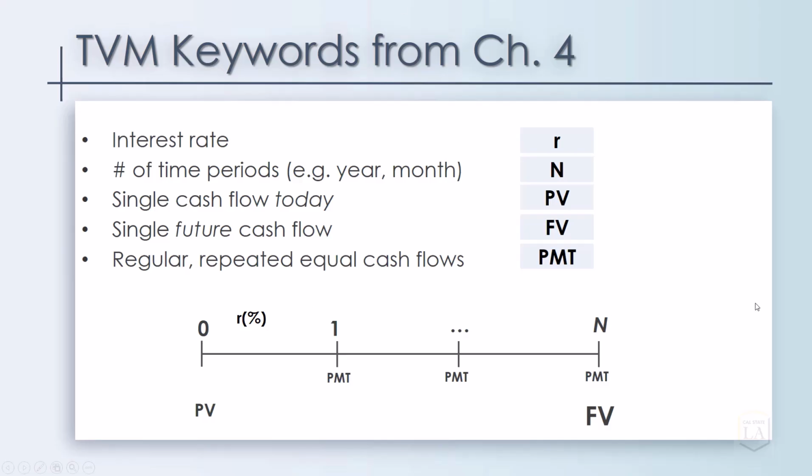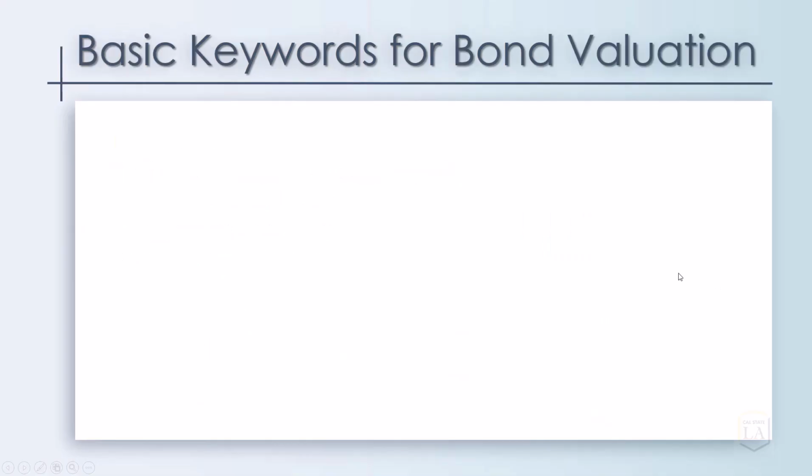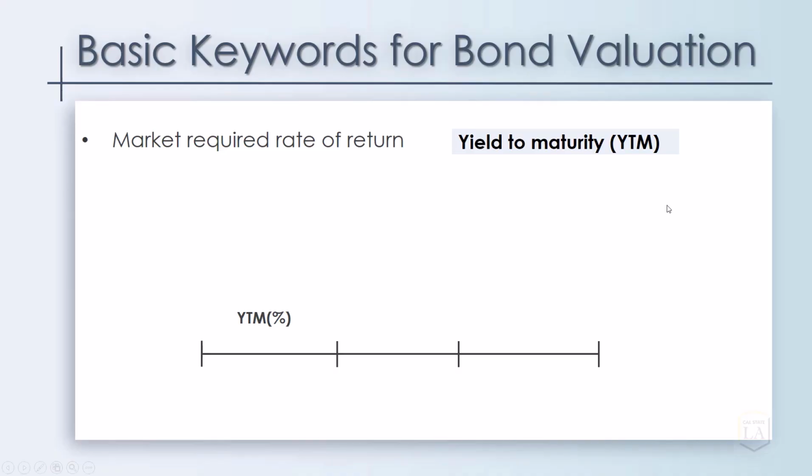So let's move on to the basic structure and keywords of bond valuation. First, we will have to start with the timeline, and then for this timeline, of course, you have to have some kind of interest rate, or discount rate, and that would be called yield to maturity in this chapter.